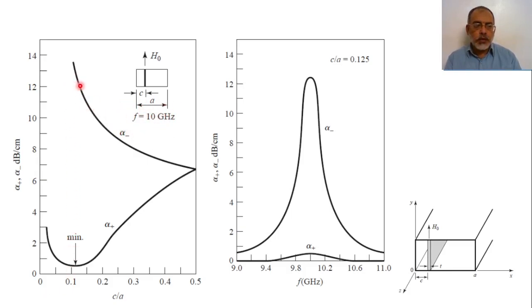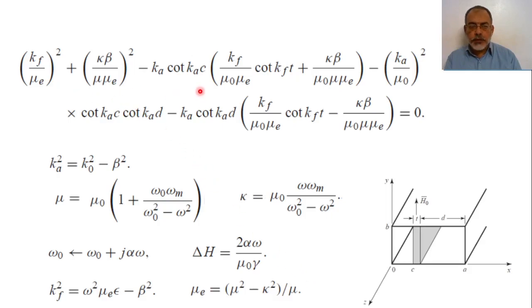The question now: if the value of C over A equals 0.125, what will be alpha plus and alpha minus for different frequencies? So we are going to return back to this equation to fix the value C over A to be 0.125, and change the value of omega, or the frequency.